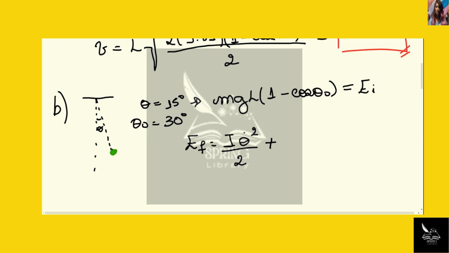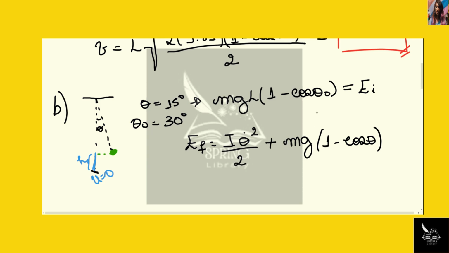Now, you can see that this time the height is not going to be 0 because we set 0 to be here. Okay, so this is our u equal to 0, making a 0 degree angle with the vertical axis. So h is going to be this height here, which is just l times 1 minus cosine of 15 degrees.